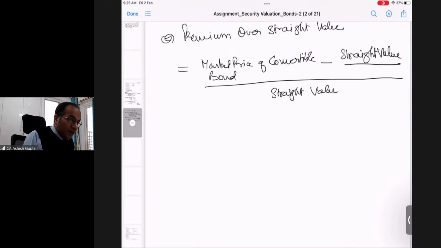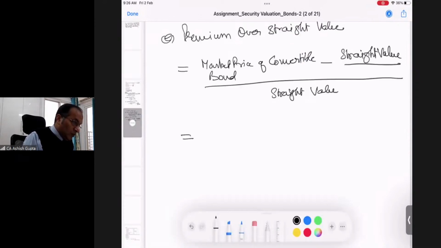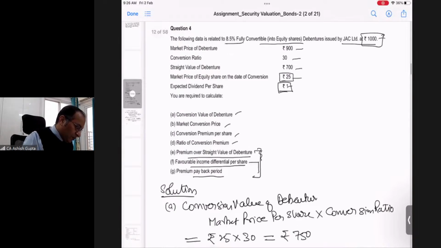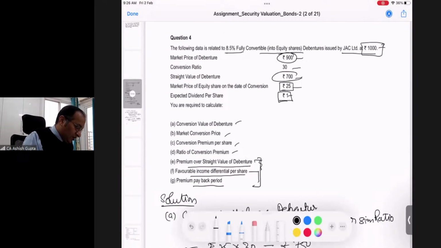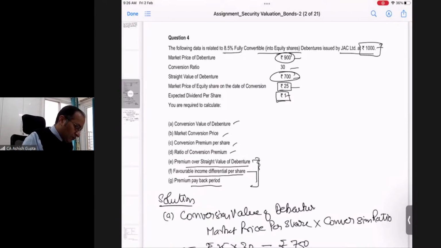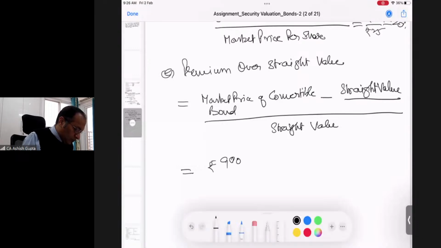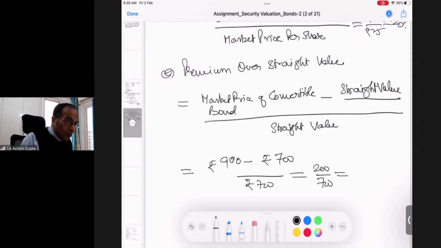So I am here paying, my market price is available at 900 rupees and straight value is 700. It will be equal to 28.60.